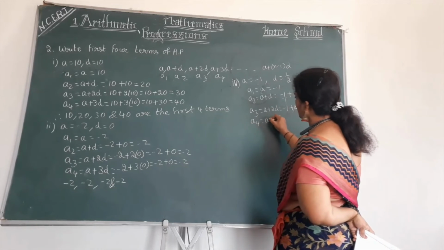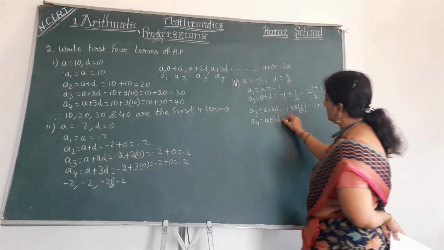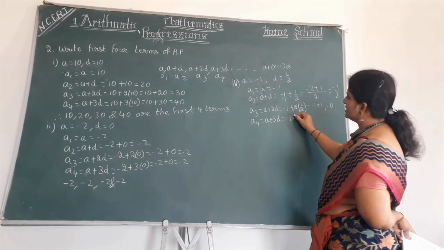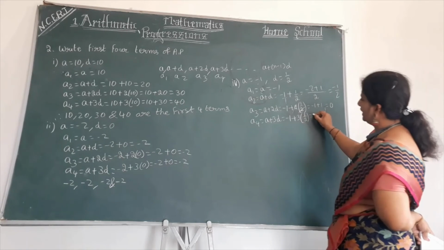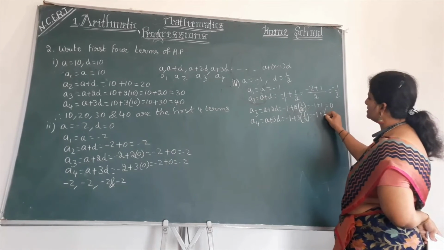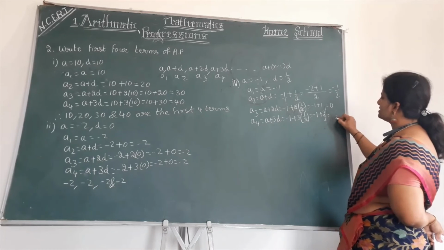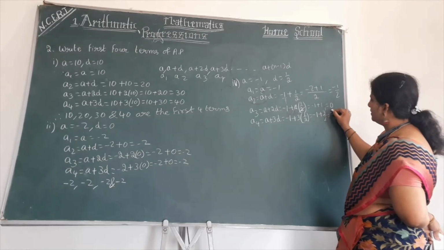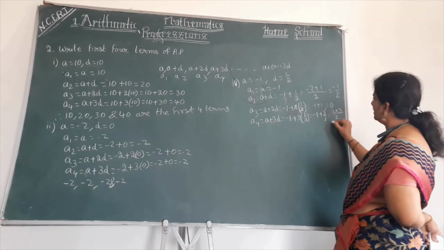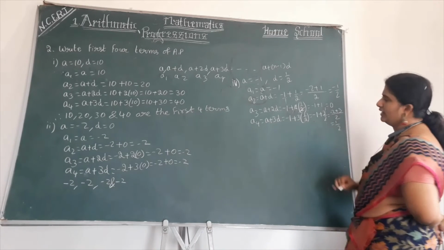What's your fourth term? A plus 3D. A value is -1 plus 3 into 1 by 2. That will be -1 plus 3 by 2. See, children, you have to do LCM here. 2 into -1 will be -2 plus 3. That will be 1 by 2.